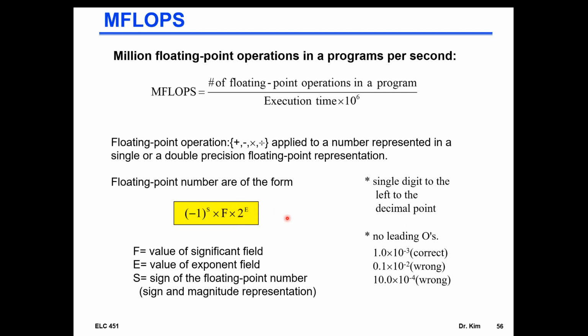So what we encode in binary are the fields S, F, and E. Okay? So again, S is the sign, E is the exponent, and F is the value of the fraction that is normalized. We're going to take a very close look at that.